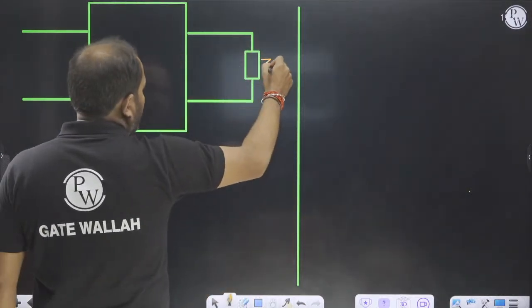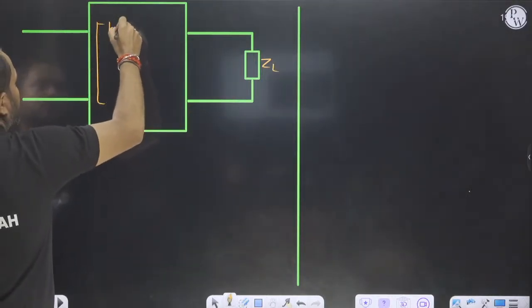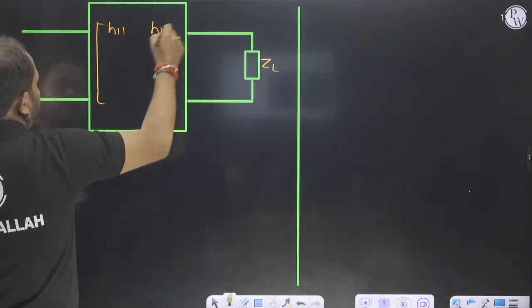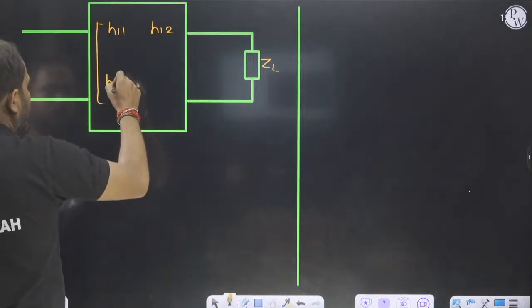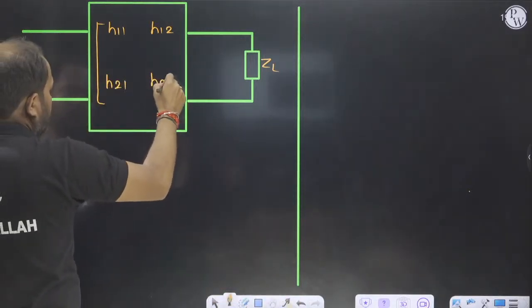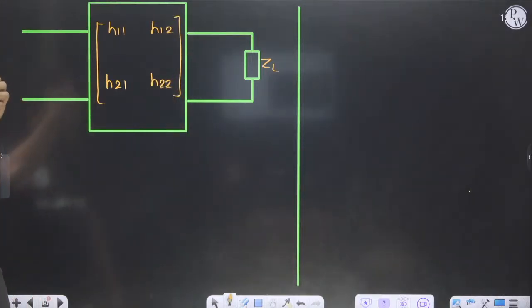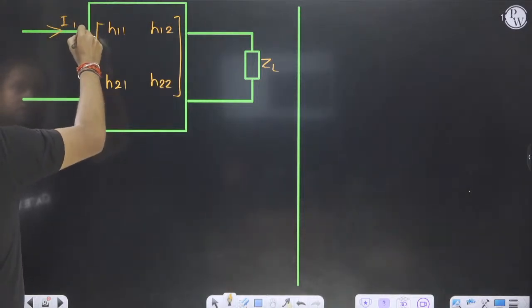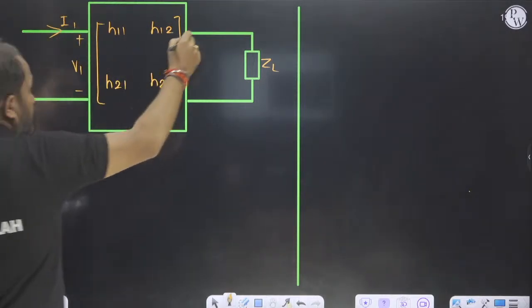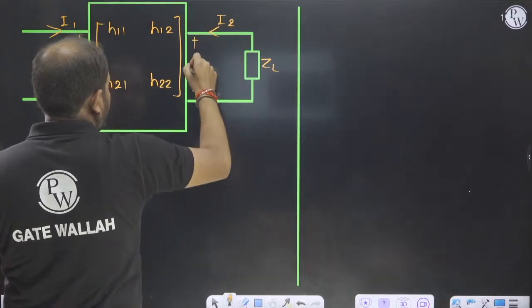So this is the load, this is the H parameter: H11, H12, H21 and H22. This is I1, this is V1, this is I2 and this is V2.